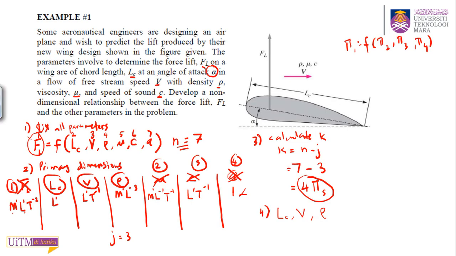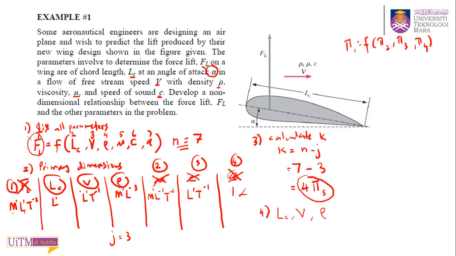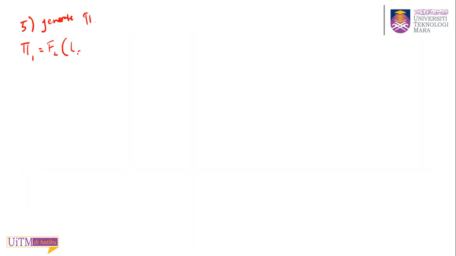So pi 1 we will have, using our first non-repeating variable, FL, times the repeating variables L, V, and rho: L^A1, V^B1, and rho^C1.